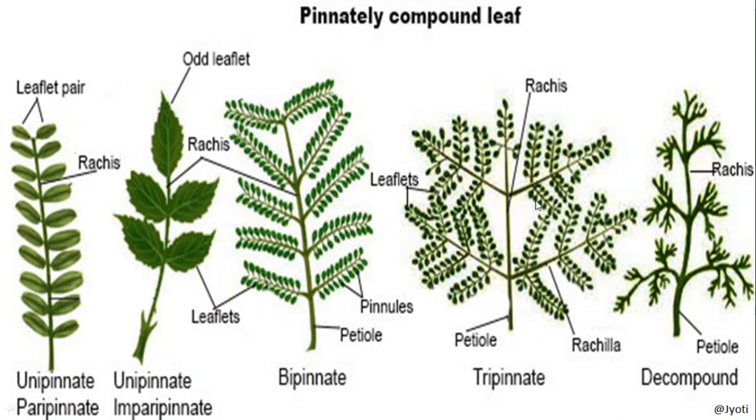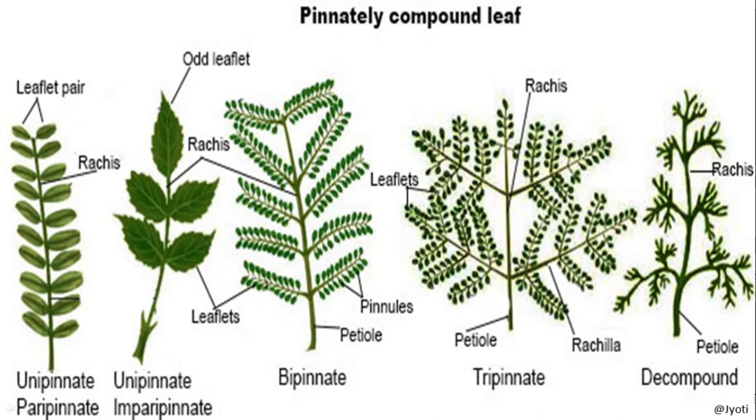Okay. So this is tripinnate as it is seen in case of moringa. The bipinnate is seen in case of gulmohar, and this unipinnate is seen in case of rose. Such type of unipinnate, and paripinnate unipinnate is seen in case of tamarind.